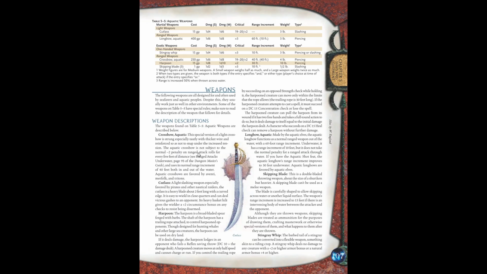But it does just straight up have a range increment of 40 feet underwater. So you can shoot this 40 feet underwater with only a -4 penalty, whereas all the other ranged weapons were a -2 per 5 feet, and even the aquatic crossbow is a -2 per 10. The first 10 feet is free and then -2 per 10 feet.